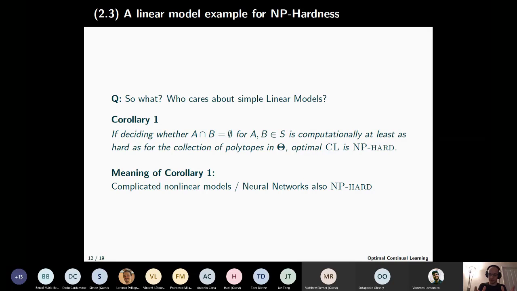There will be strictly more of them than there will be in the linear regression case. So that's why we have corollary 1 in the paper, which tells you that if the intersection problem posed by your algorithm is computationally at least as hard as for the collection of polytopes, then again, it's NP-hard. So in practice, that means that virtually all continual learning algorithms, or I should say all optimal continual learning algorithms of interest would be NP-hard.